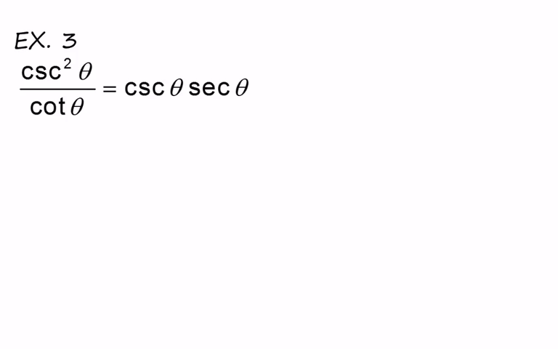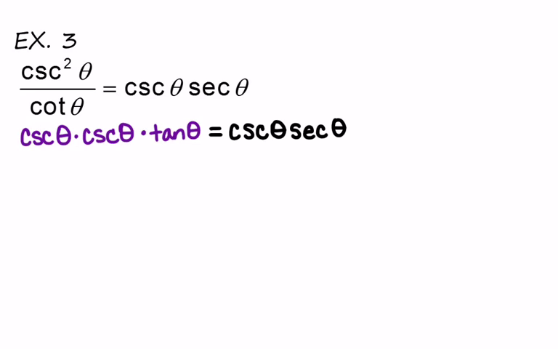So what I'm going to do is split the top apart, and that's going to be cosecant times cosecant. And then I know that a cotangent in the denominator is the same as tangent in the numerator. So 1 over cotangent is the same as tangent. Everything on the right-hand side is going to stay the same.